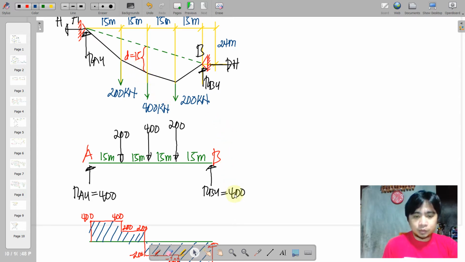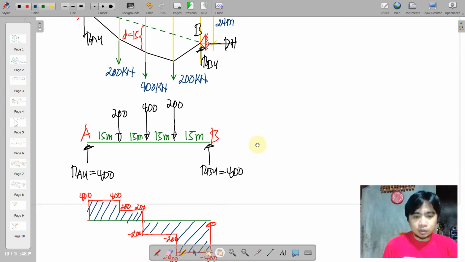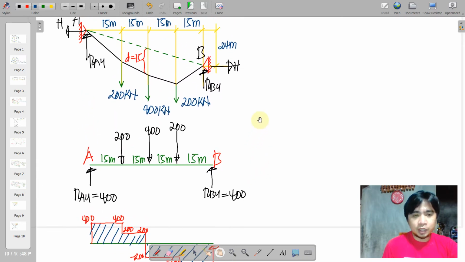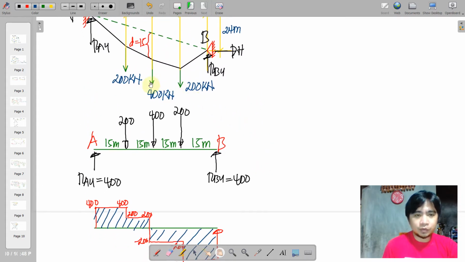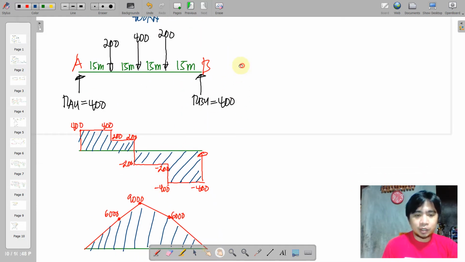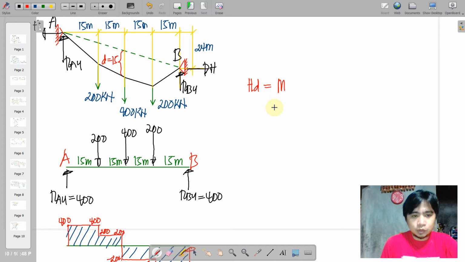Okay, so by this we have learned that the relationship of the horizontal reaction, the sag depth, and 9,000 is this one: HD is equal to M. So substituting the value, we have H times 15 is equal to 9,000.